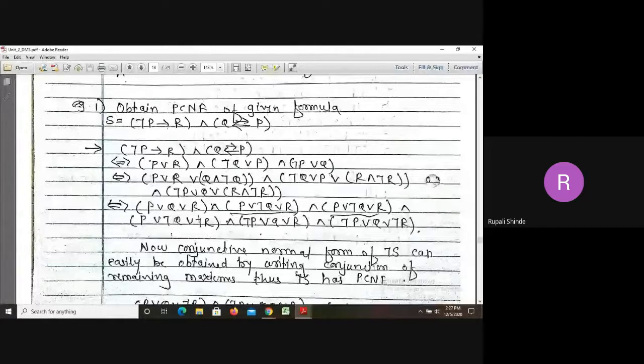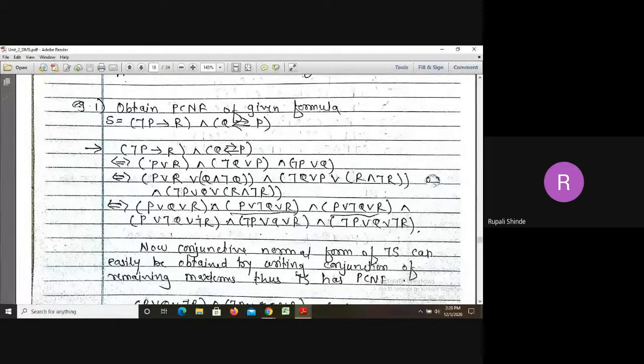The question is given as negation P conditional R and Q biconditional R. So first we can remove this conditional as negation of negation P or R. So that is equivalent to P or R and Q biconditional P. So again for this, Q conditional P and P conditional Q. So again we can remove the conditional and we can write the formula as negation Q or P and negation P or Q.